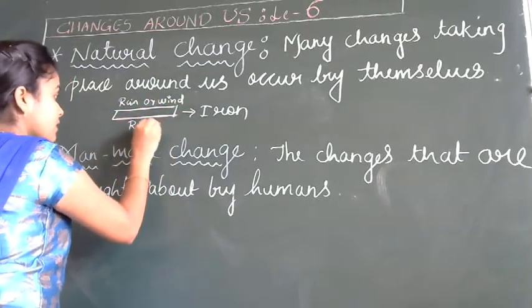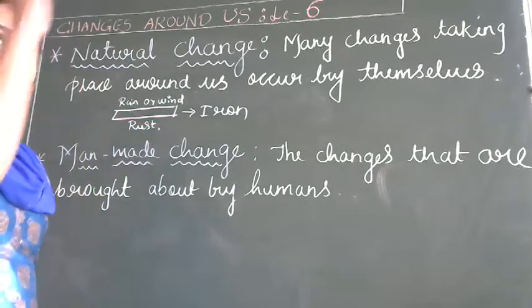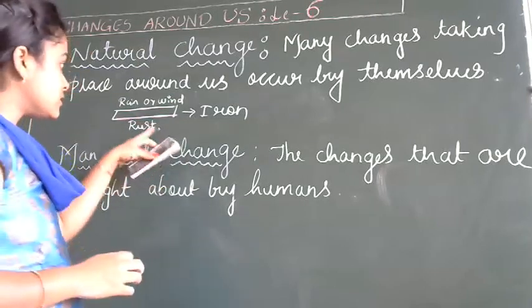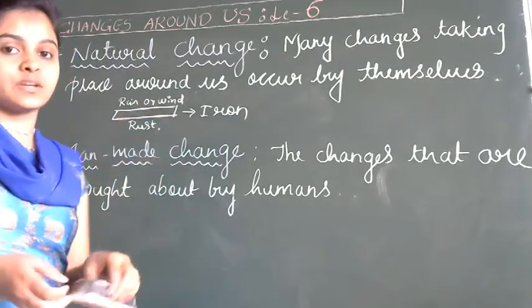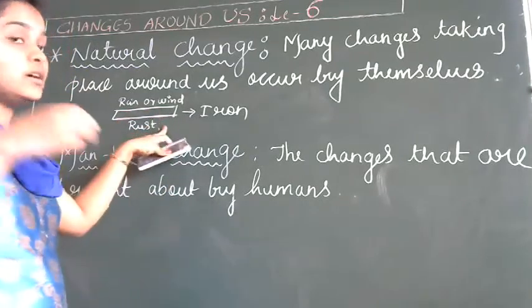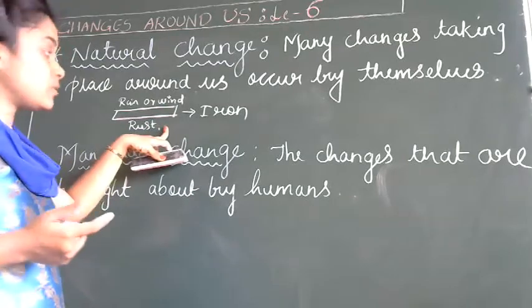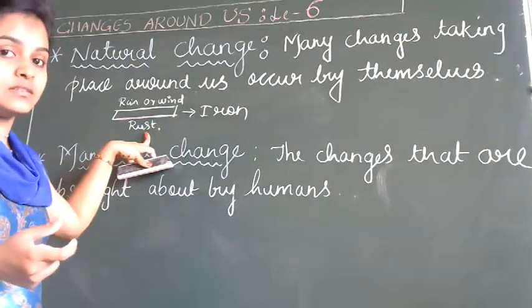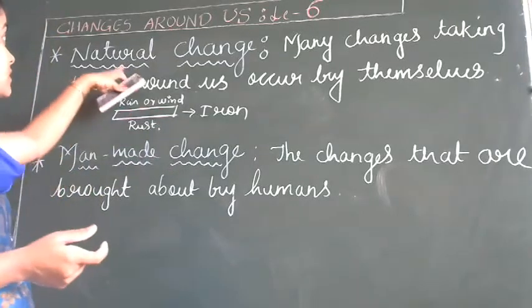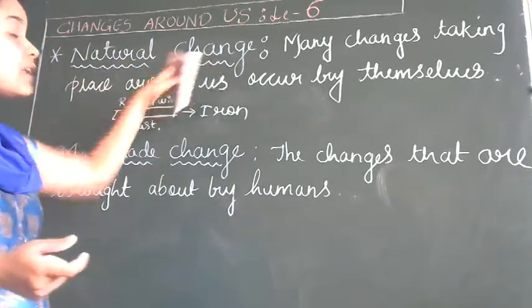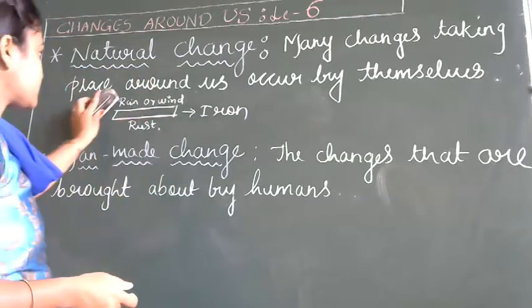Yes, this iron will become rust because of rain and the wind. The reaction will take place with the iron strip. So the good iron is converted into rusted iron. So this is also one kind of change that is happening in nature that we call a natural change.